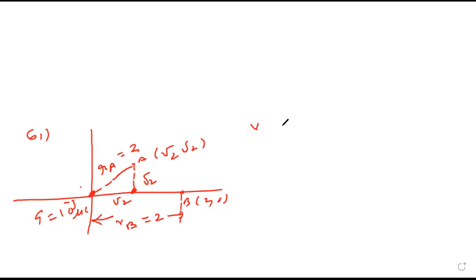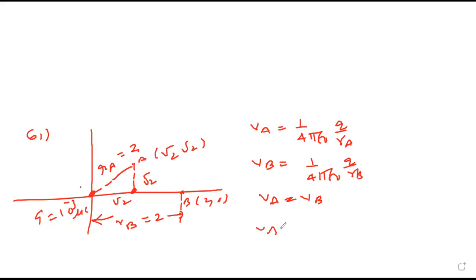So potential at A is 1 upon 4 pi epsilon naught Q upon RA, and potential at B is 1 upon 4 pi epsilon Q upon RB. RA and RB are the same, the charge is the same, so VA is the same as VB. So the difference of potential will be 0. Important. Option A.